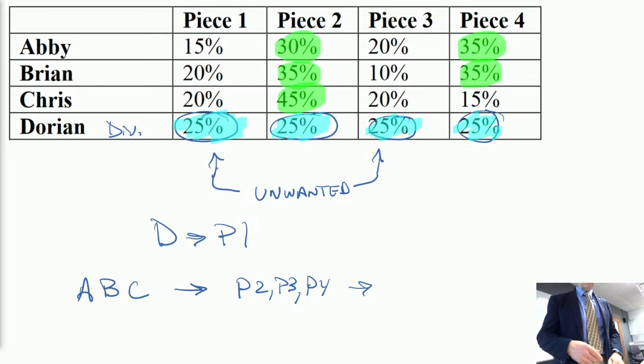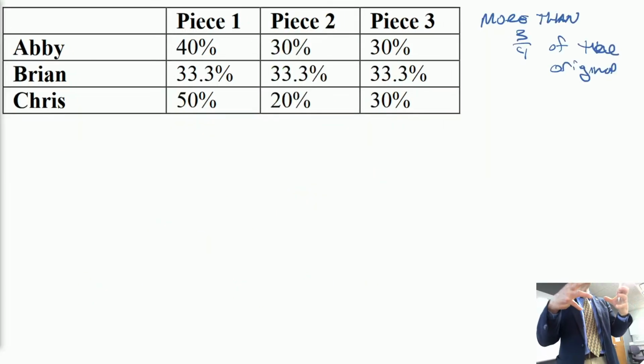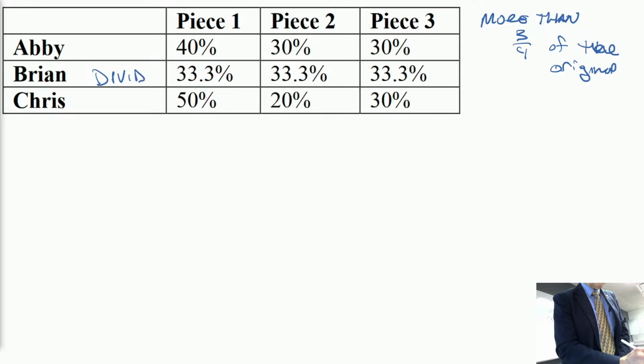So we get rid of Dorian, send him on his happy way with piece 1, put the other 3 pieces together, smooth out the icing and have them cut, or have Brian, I should have asked, too late now. So the divider here is Brian, divider. And the way you can tell that he's the divider is that he thinks that these are all the same.